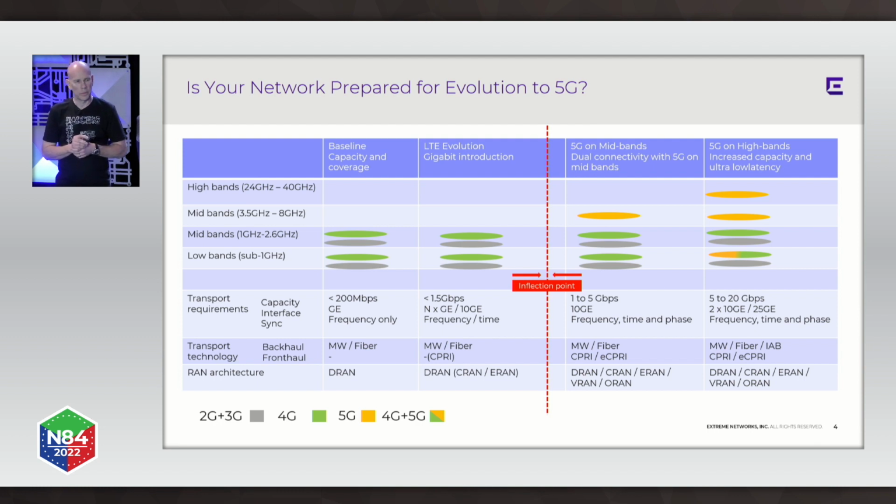And then, as we heard, you go into the backhaul and the fronthaul part, moving from CPRI into eCPRI and things like that, and multiple RAN architectures as I previously alluded to.